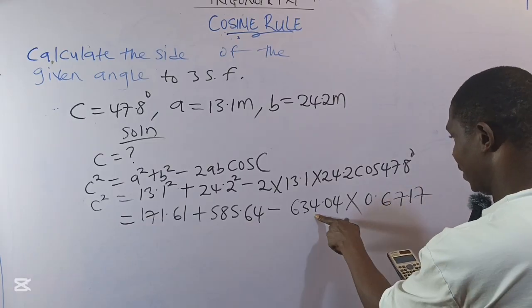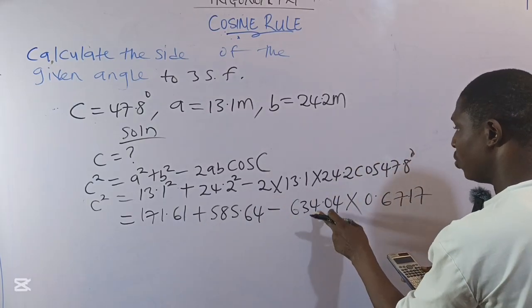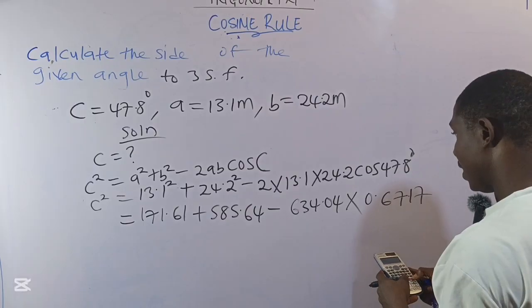So I can multiply this with this immediately, to prevent me from adding this to this and subtracting this.